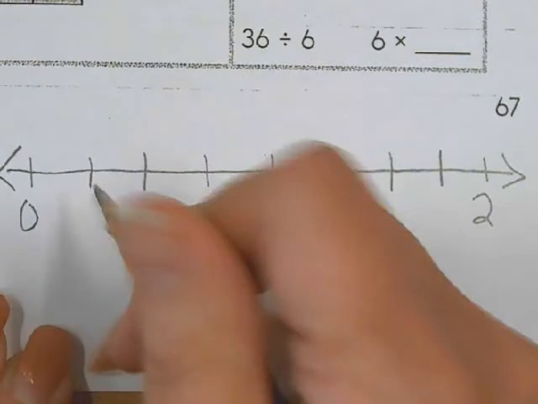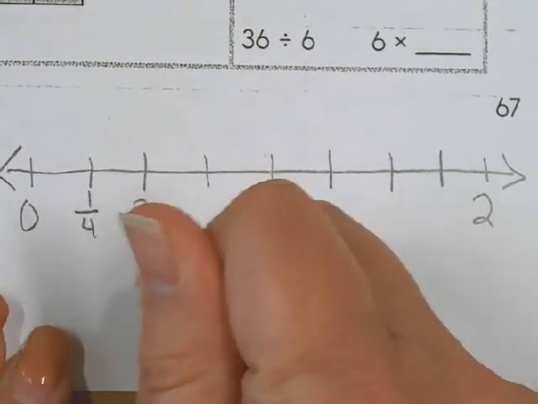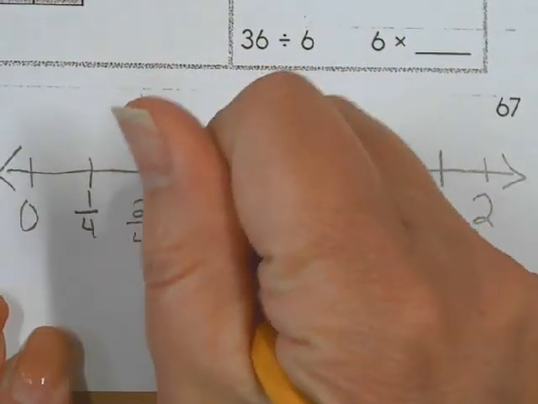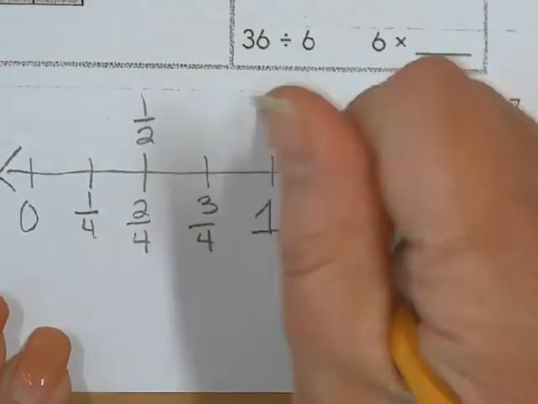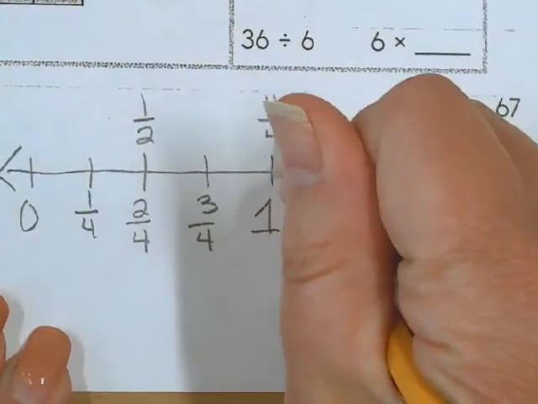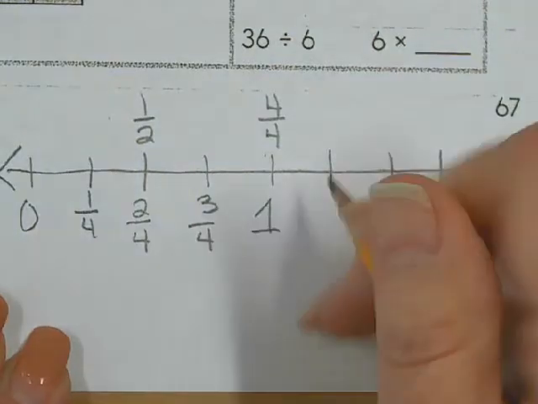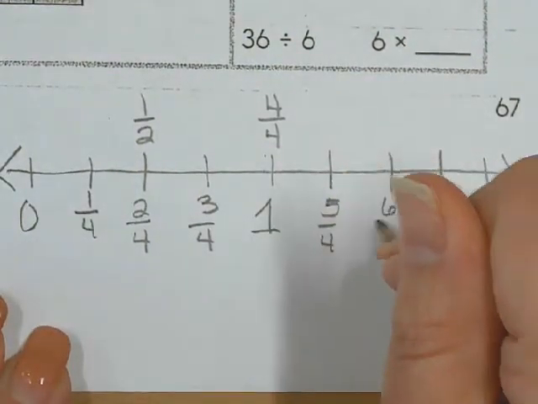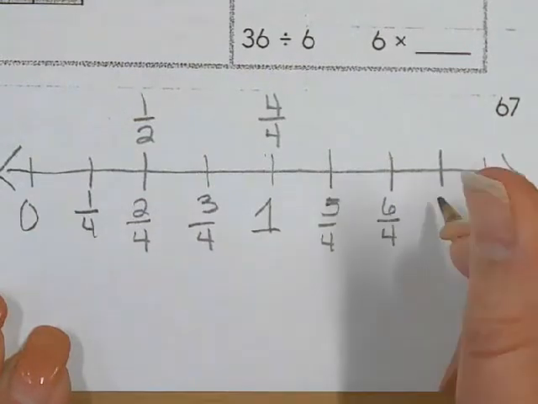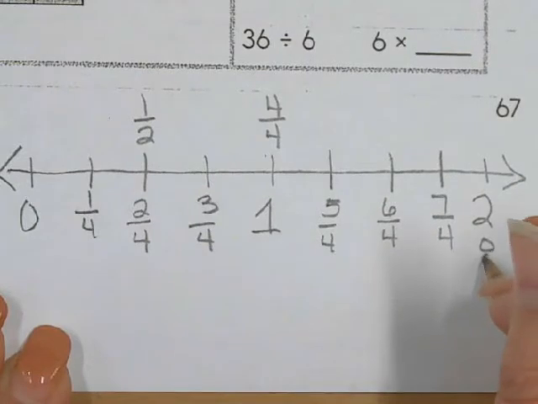Now I can label these 1/4, 2/4, which we also know is half, 3/4, 4/4, which is also 1 whole, 5/4, 6/4, 7/4, and finally we have 8/4, which is 2 whole.